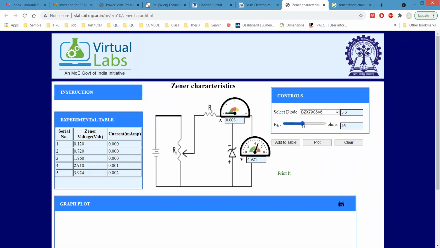As we are increasing the voltage across the diode, the current through it is also changing.